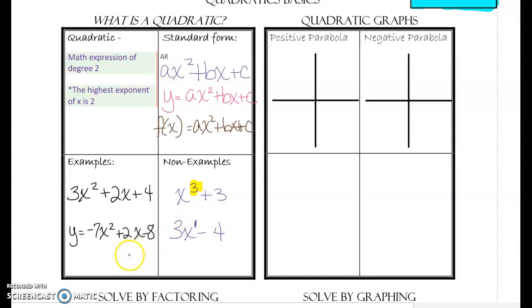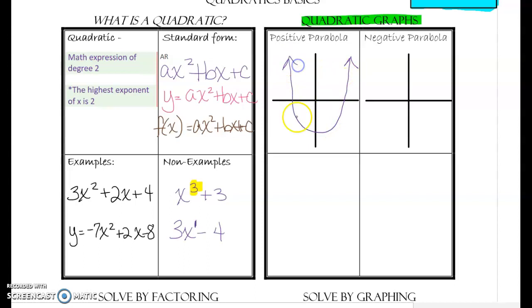Okay? So then we also need to know what quadratic graphs look like. We know that a quadratic is a parabola. A positive parabola looks like this.